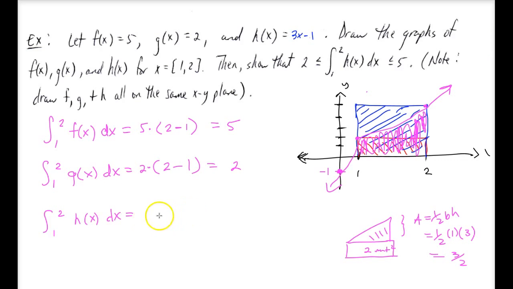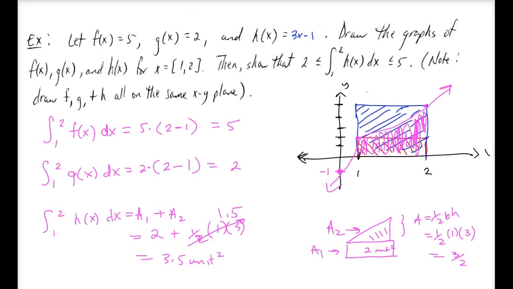So we'll call this area 1, and we'll call that area 2. So this will be area 1 plus area 2. And this will be 2 square units plus 1/2 times 1 times 3, which is 1.5 square units. So this gives us 3.5 square units.